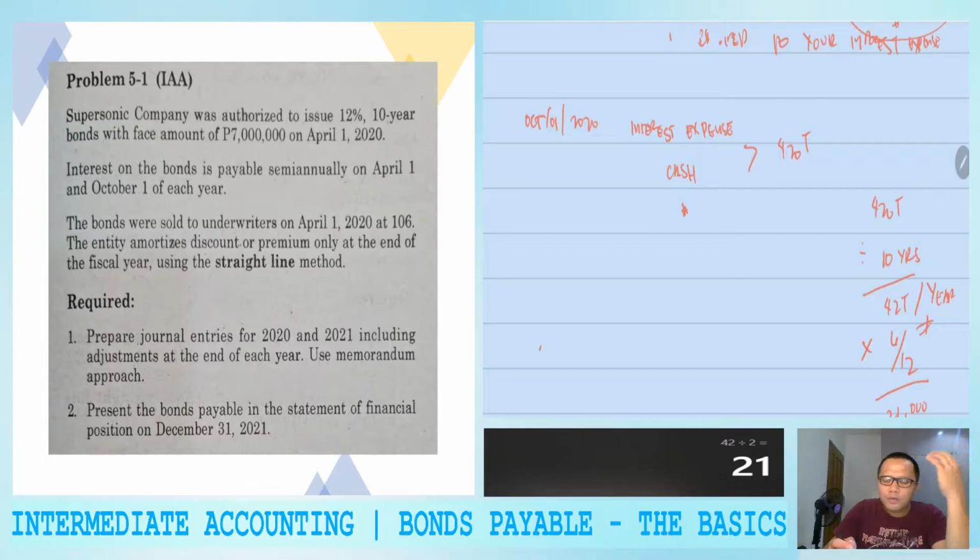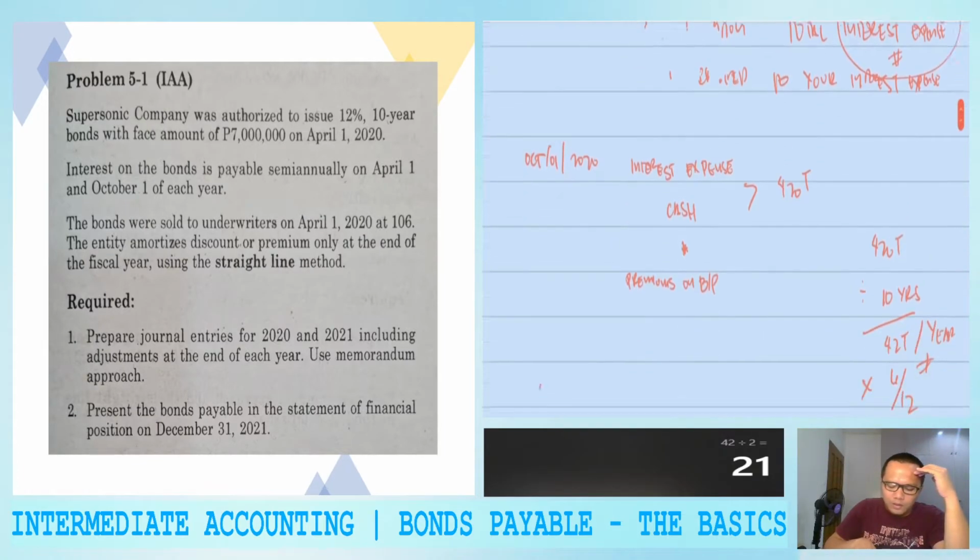So again, how do we record this? Pag premium, that is charged against your interest expense. Kasi nga, when we talk about amortization, that means we are to reduce a particular account regularly.